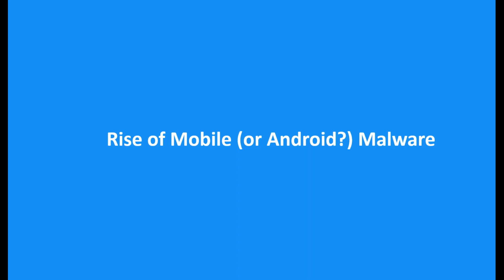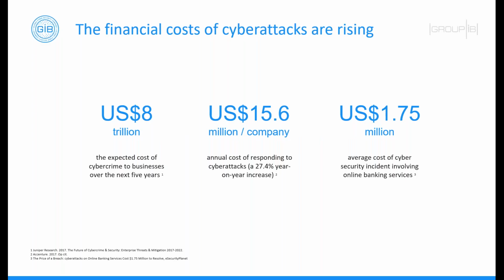So with a bit of history, let's go to some damage. From year to year, the financial costs of cyber attacks are rising. The expected cost of cybercrime to businesses over the next 5 years, according to Juniper Research, will be around $8 trillion.